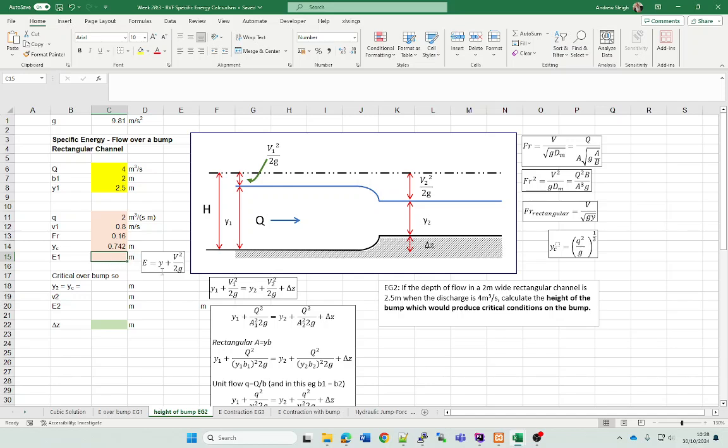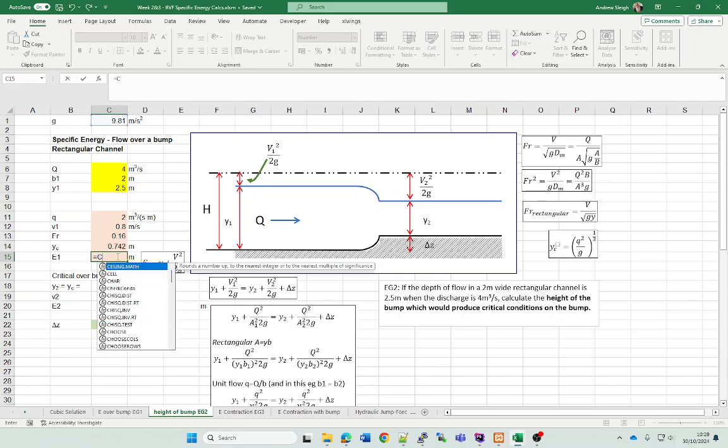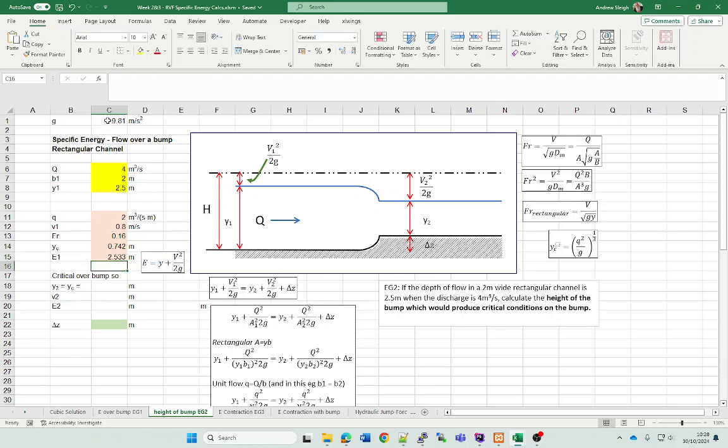And E is this calculation. We always need E, so let's do the calculation if we're not sure when we're going to use it yet. Actually, it's E1, so it's not that YC I've just calculated, it's E1 plus the V1 squared divided by 2g, 2.533 meters.